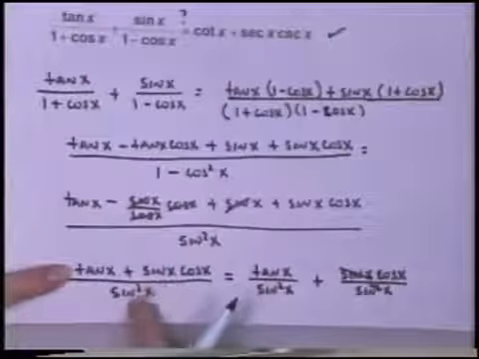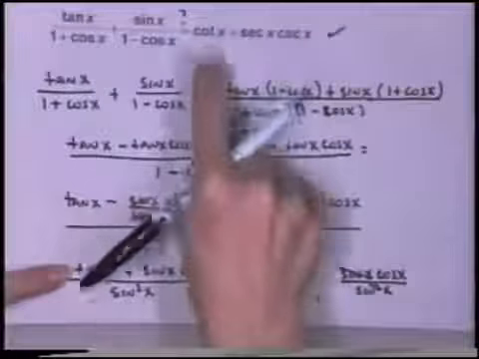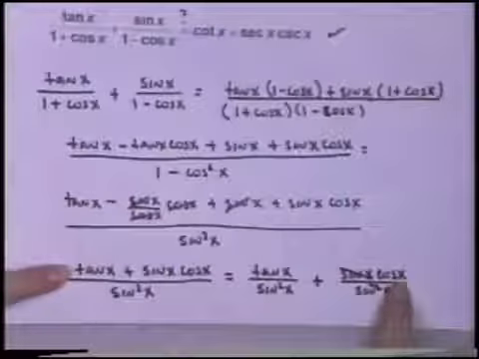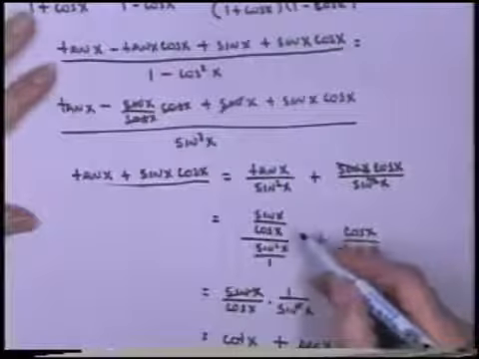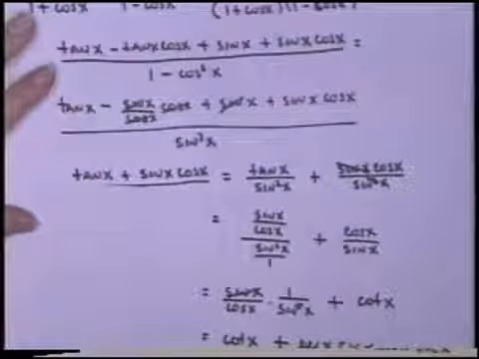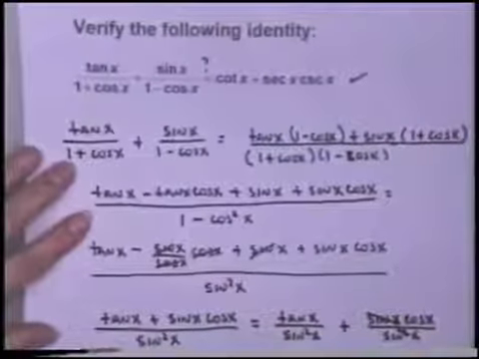When we got to this point, looking ahead again, I can see these sines are going to cancel. Cosine over sine is cotangent, so I split this thing up. And then I just need to work with this term here. And so we converted that tangent into sine over cosine, flip and multiply, and things worked out.